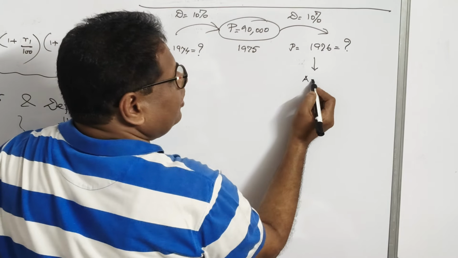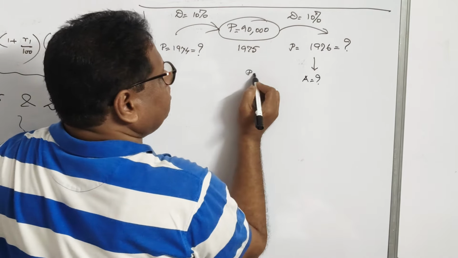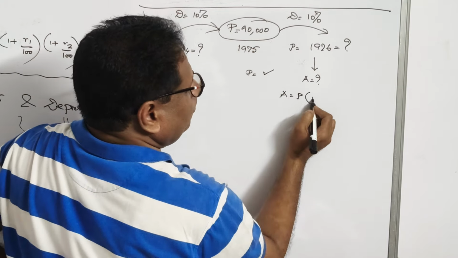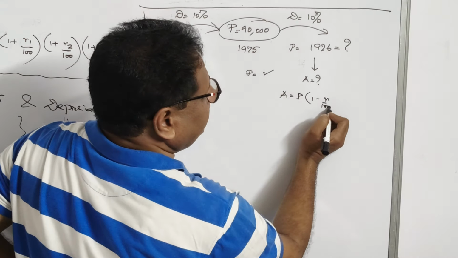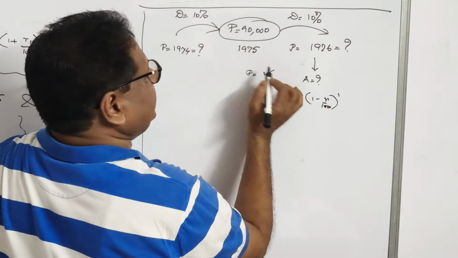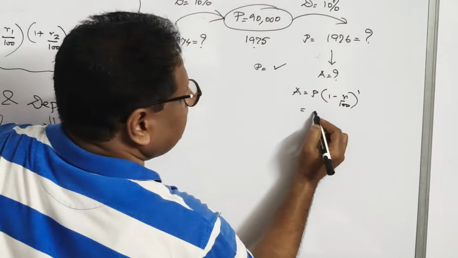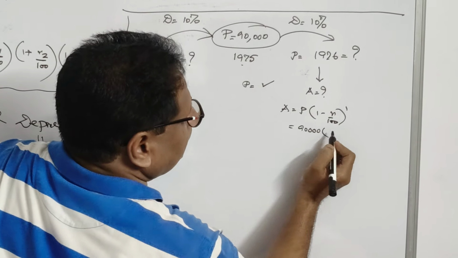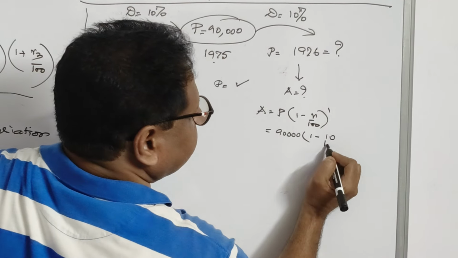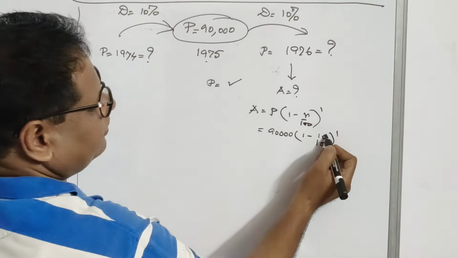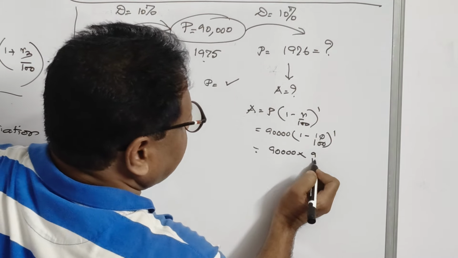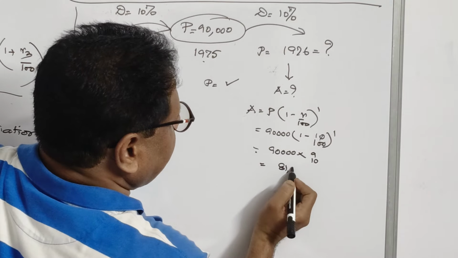So here the amount is missing, the principal is given. Applying the formula A equals P (1 - R/100)^1, the population 1975 is taken as the principal, that is 90,000, times (1 - 10/100) to the power 1. So it comes to 90,000 into 9/10, and that comes to 81,000.